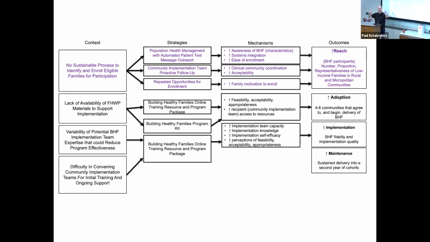It's often that the contextual factors cross over and a single strategy might be able to address 2 contextual factors or fit within those 2 contextual factors. Similarly, you might have 3 or 4 strategies that work through the same mechanism. And that mechanism may improve adoption, implementation, and maintenance.